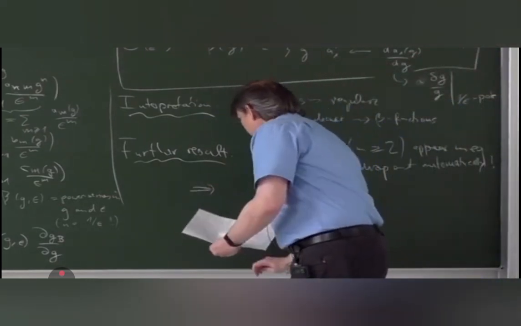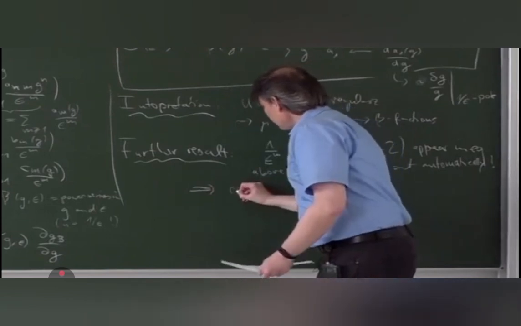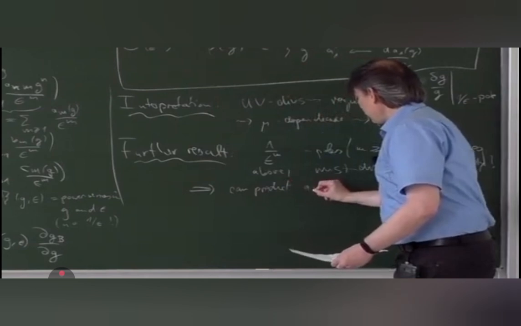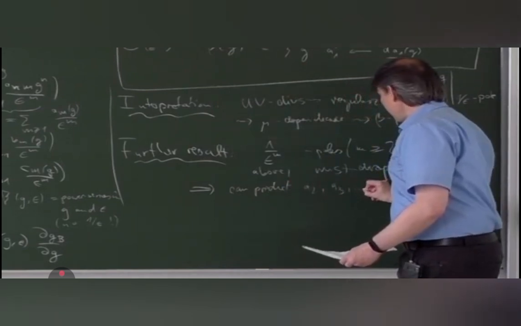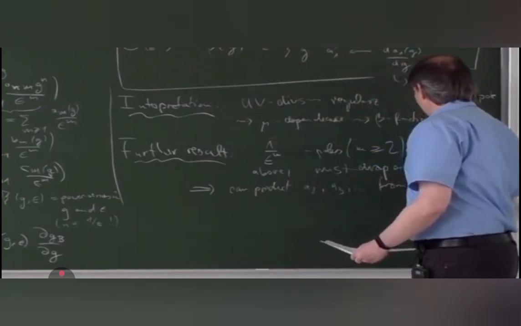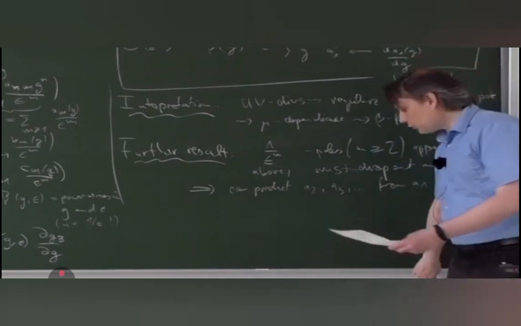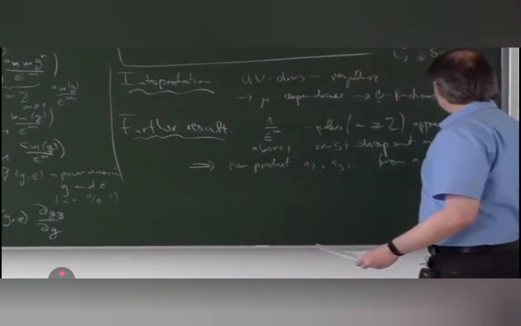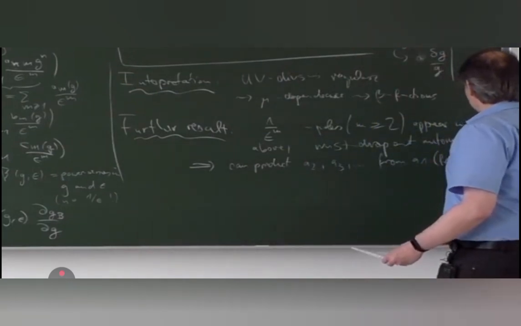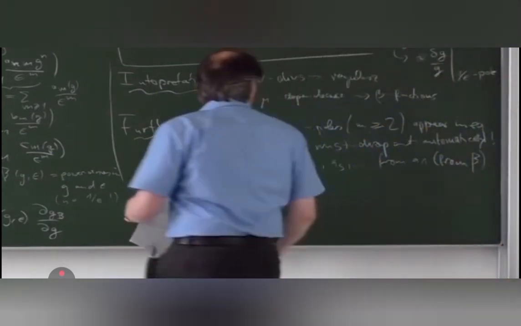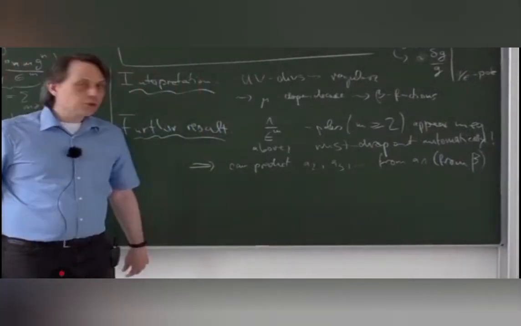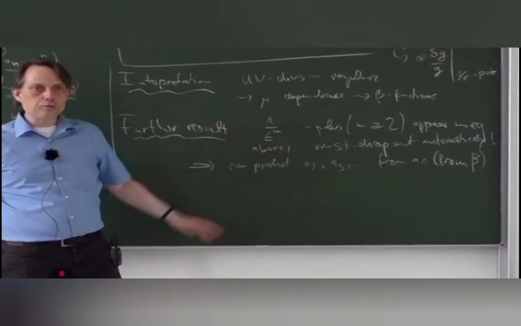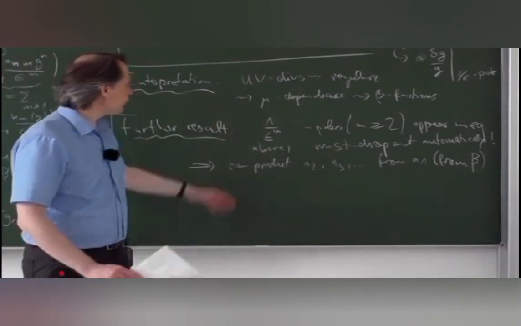So for this reason, we can predict this A2, A3, and so on from A1. That's basically what it means. And from A1 is equivalent to saying from the knowledge of the beta function. Once you know the beta function, you can predict all the higher 1 over epsilon square and so on poles of the renormalization constant.